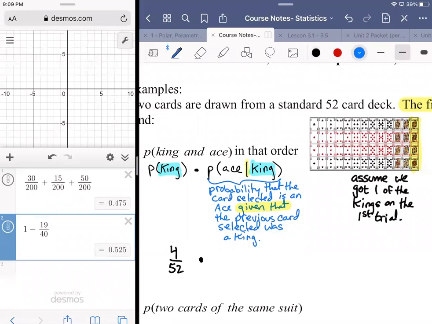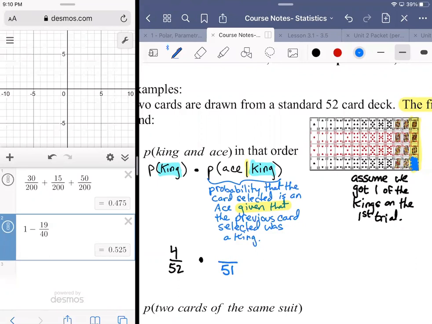What that means is that there is only 51 cards left in the deck. There were 52, but I got one of the kings. So just arbitrarily decide which one you want it to be. Let's say I got the king of spades. So that card is gone. It's without replacement. So once I make note of what the card was, I don't then put it back in the deck, shuffle it up, and select again.